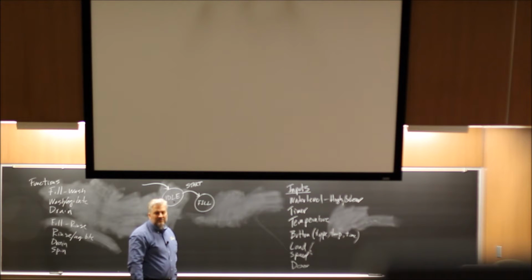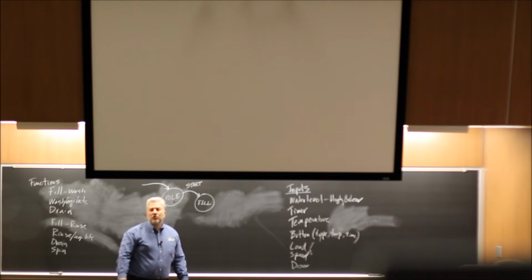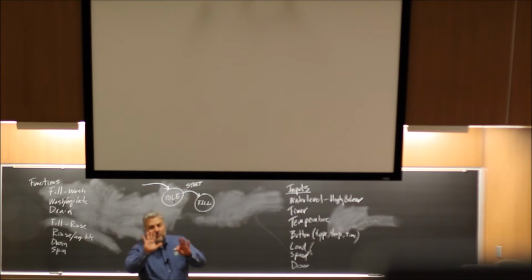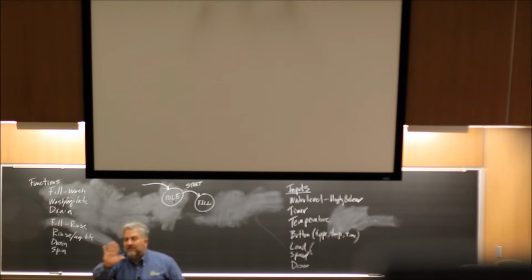The water level? You're going to go from idle to fill with a water level sensor saying high? That means your door could have been open and water would be sitting in there. I'm talking about a front loader now, all right? Water would be in there kind of like the Force from Star Trek or Star Wars or something, and nothing comes through it, right?